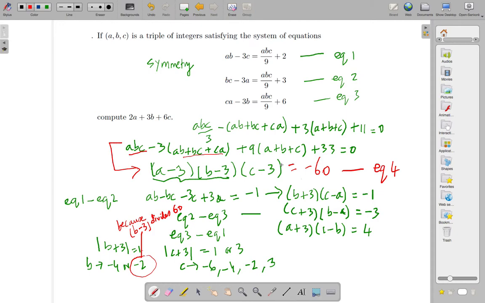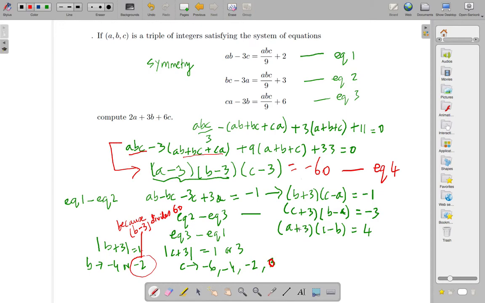So if B is negative 2, C could be negative 2 or 0.